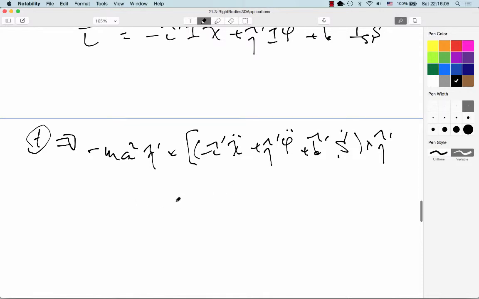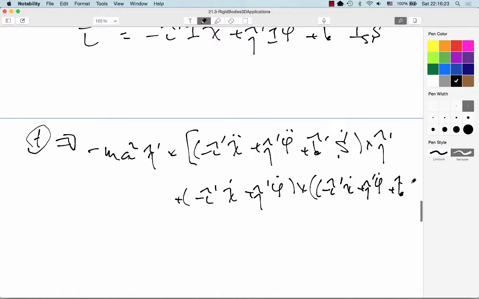Still inside the square brackets, plus a minus i prime chi dot plus j prime phi dot crossed into minus i prime chi dot plus j prime phi dot plus k prime S crossed into j.